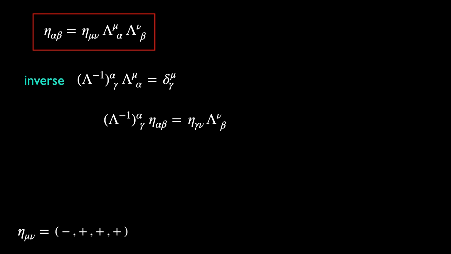Now multiply by eta, which is its own inverse. This gives lambda inverse in terms of lambda, which is the result we are after.